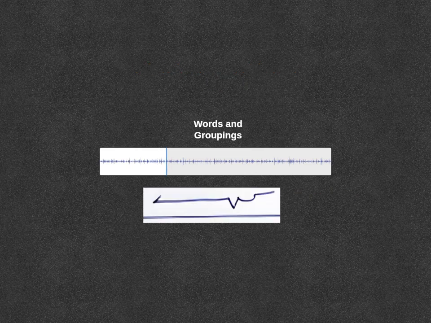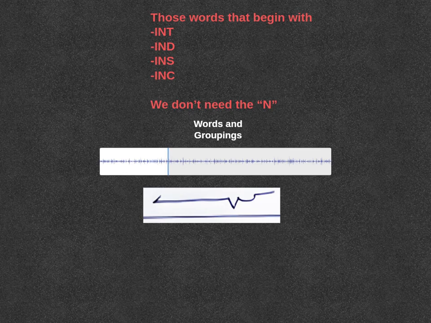Interviewed, those words that begin with INT, IND, INS, we don't need that N. INC is another one. So those are the ones where we don't need to include the N. If you do, it's not incorrect, but one stroke saved is one speed gained.